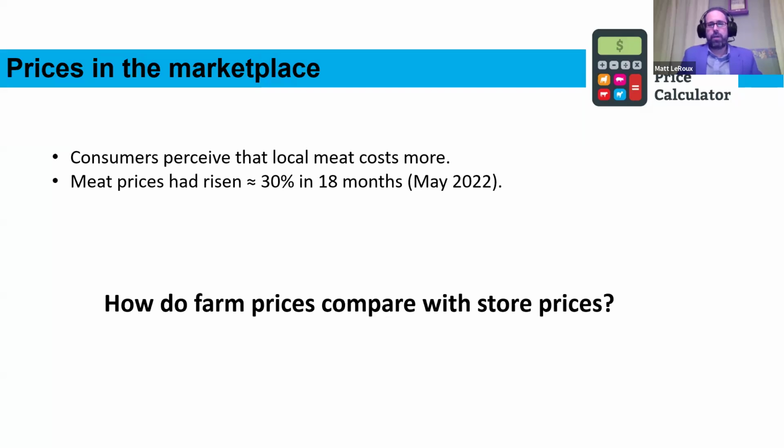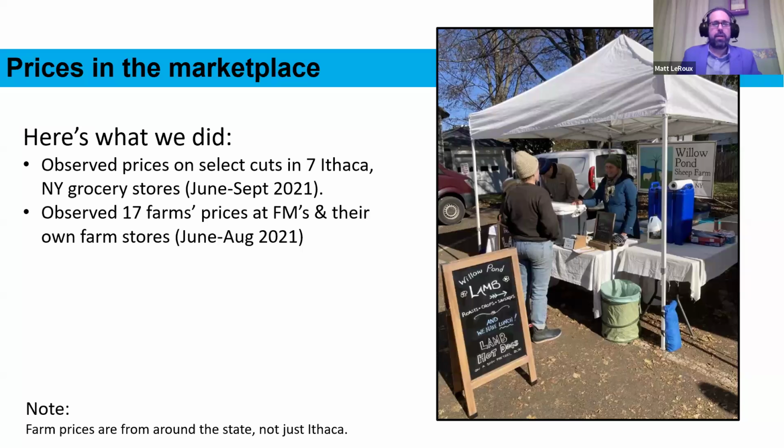And then, through more recent years, we've seen the prices change. So in the summer of 21, we asked that question again: how do farm prices compare with store prices? We did the same kind of comparison that summer. We looked at a selection of cuts, not every single cut, from beef, pork, and lamb, and we looked at 7 Ithaca, New York grocery stores.